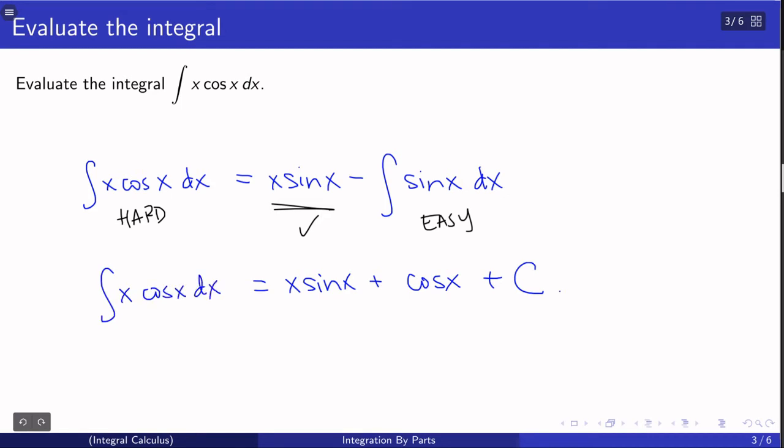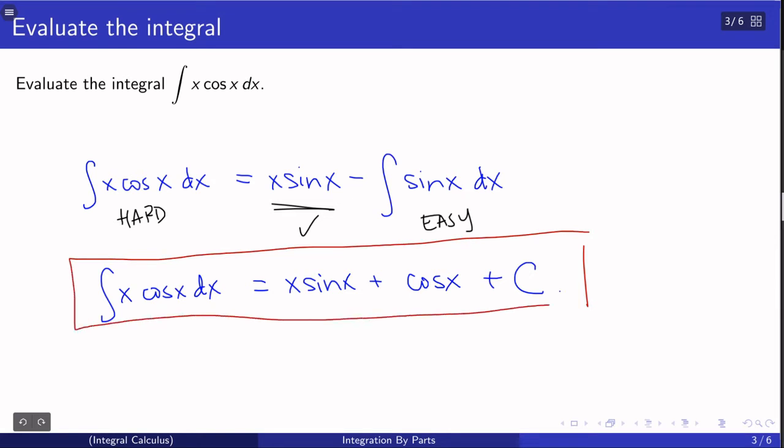And what this actually gave me here was now the antiderivative of x times cosine x. Which again, if you remember, was hard for us at the beginning, but became easy once we used the product rule, or essentially the reverse of the product rule.